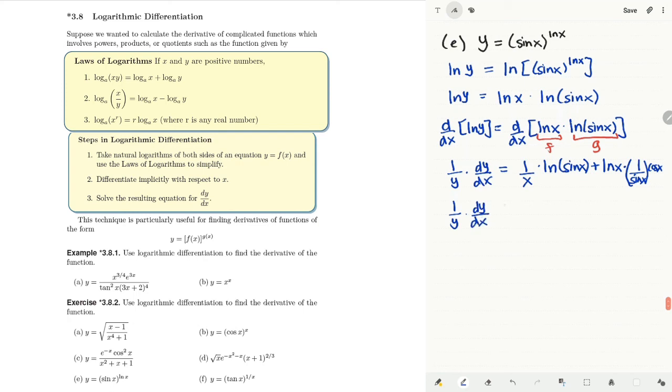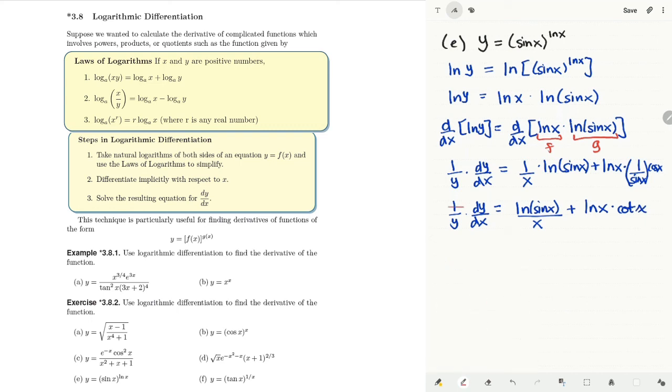So let's simplify. We have the ln of sine all over x plus the ln of x times cos over sine, which is cotangent.